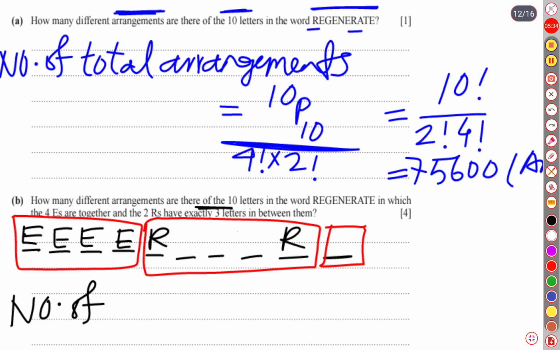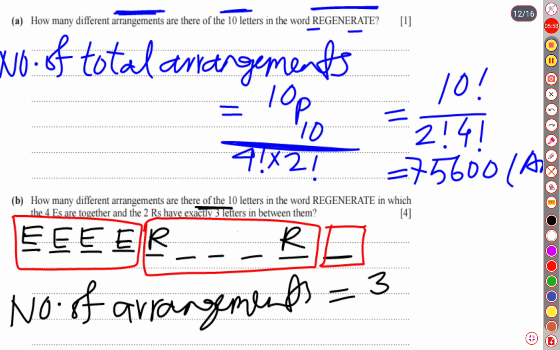Number of arrangements is equal to. First of all, look at this. We have split all of the letters into three different groups. One group, two groups, three groups. These three groups can interchange their position. That's why, first of all, there will be 3 factorial ways they can be arranged.